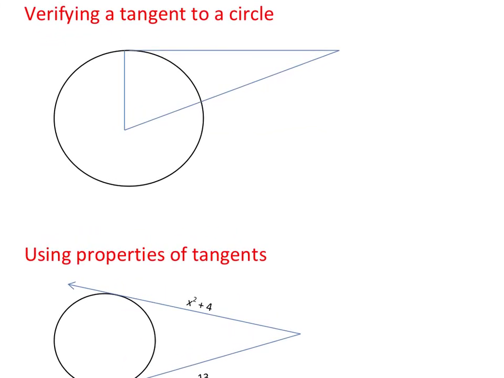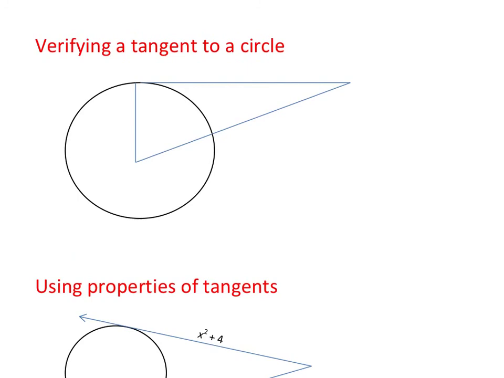Last, how to verify a tangent to a circle. Remembering that last theorem, if a line is tangent to a circle, so if this line is tangent, then it forms a 90-degree angle with the radius.